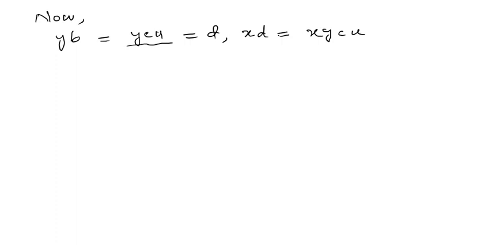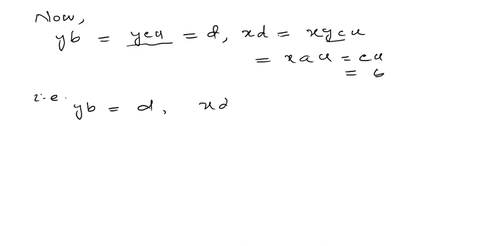This YC is equal to A. This is XAU, but what's this XA? This XA is C, so it's equal to CU, and CU is equal to B. So we have YB is equal to D and XD is equal to B.